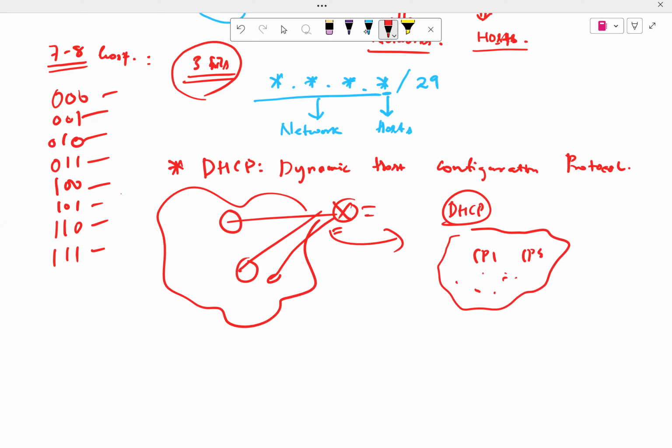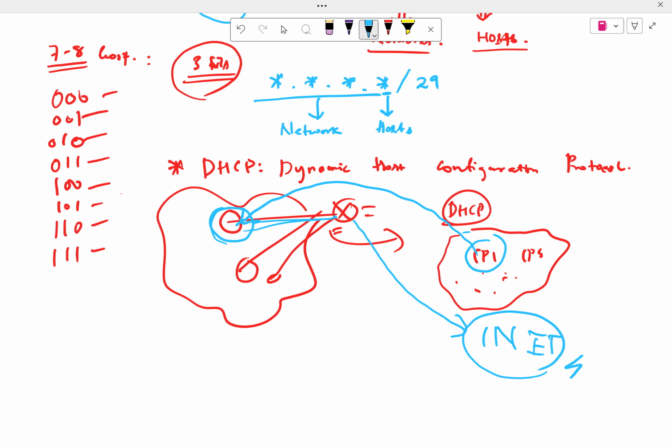It will pull one IP address out of this collection and give it to you. When your system is new and you don't have any IP address, you just connect to the internet. How do you know your own IP address and which gateway, or router, to use to send your packets to the internet? Then you need the DHCP protocol.